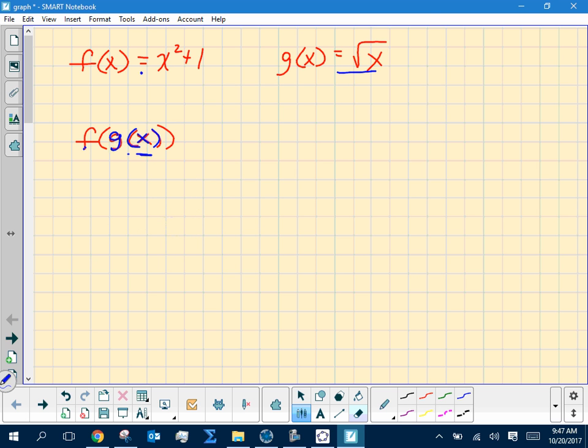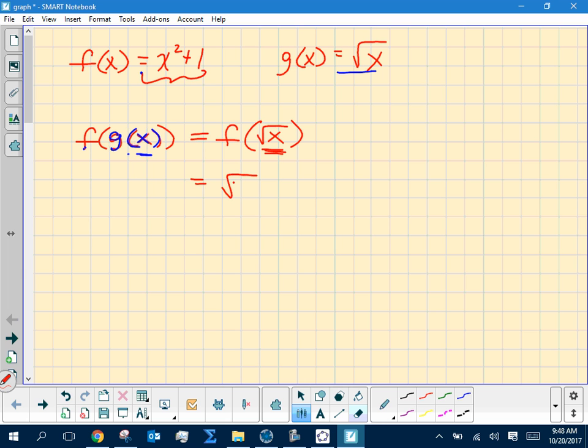Let's walk through how we do this. First thing you're going to do, there are a couple different things you could do. Let's just go ahead and find f of g of x. Let's develop that composite function. So I'm going to rewrite this as f of, and I know g of x is root x, right? So I just do that pure substitution of that function. Now I'm going to take that input and put it in here, wherever I see x.